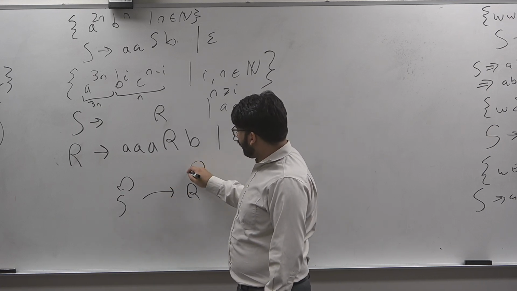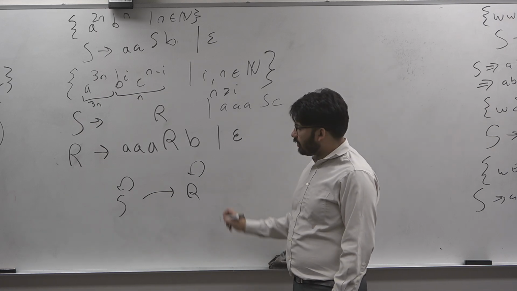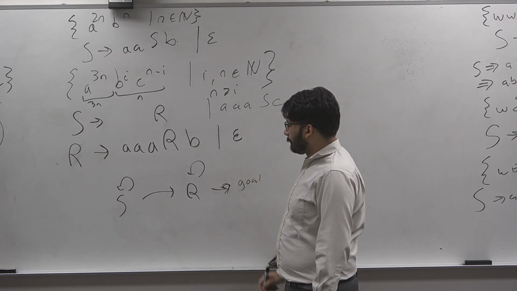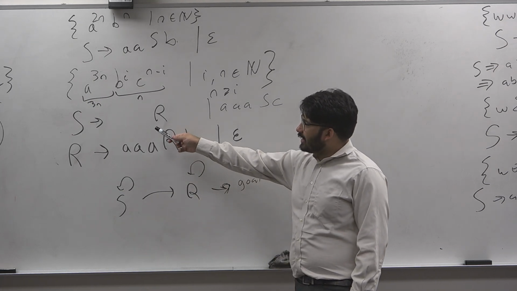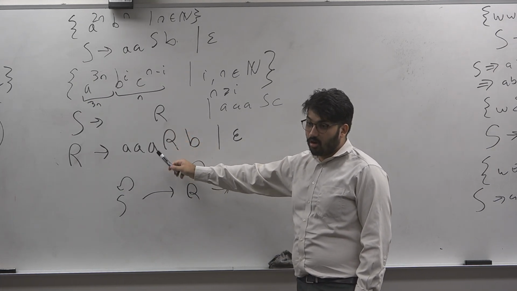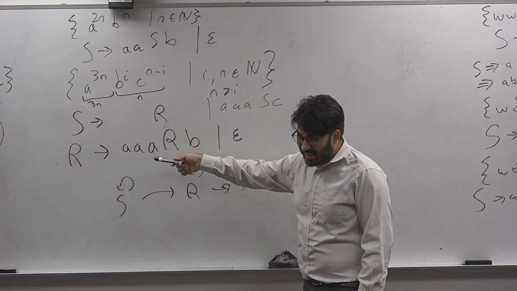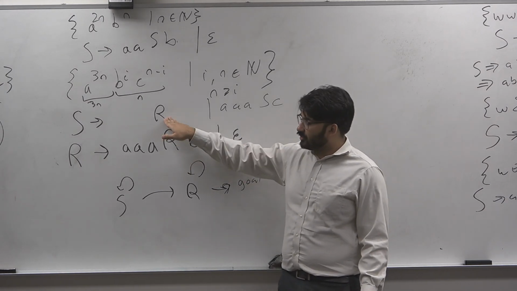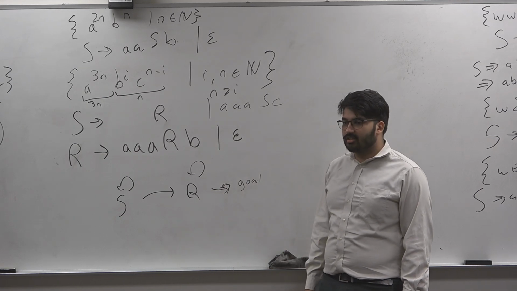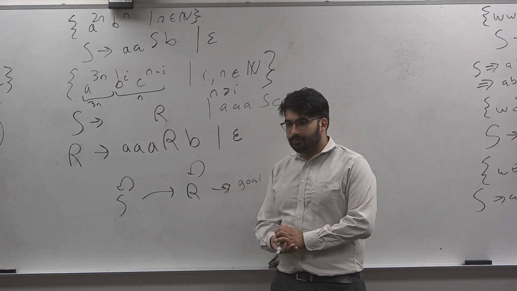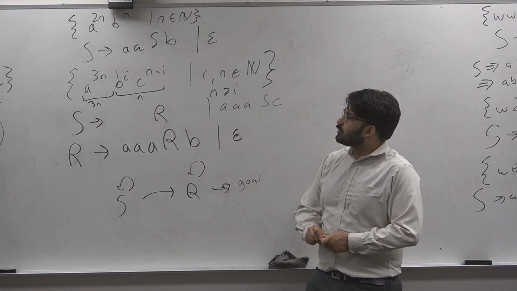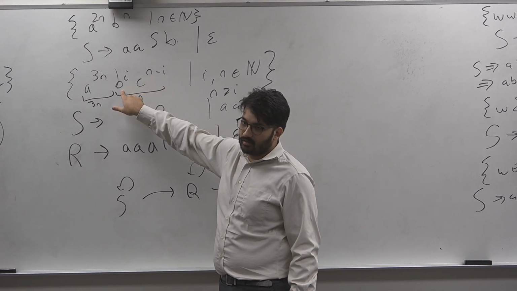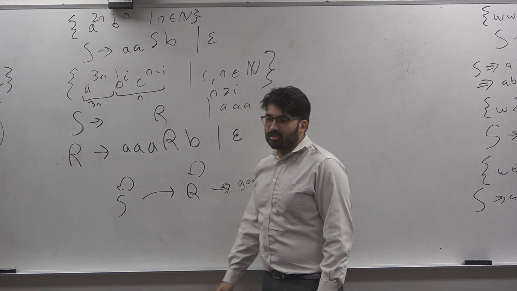Then you can recursively apply on R so many times, and then you bottom out. But notice that the way S goes to R, and R stays at R, it can never go back to S. Kind of like a one-way door. So when you stop doing this production and start doing this one, you are non-deterministically choosing to stop C's and start doing B's. That's when you switch from C, n minus i, to i. And it still ensures that the relationship holds.